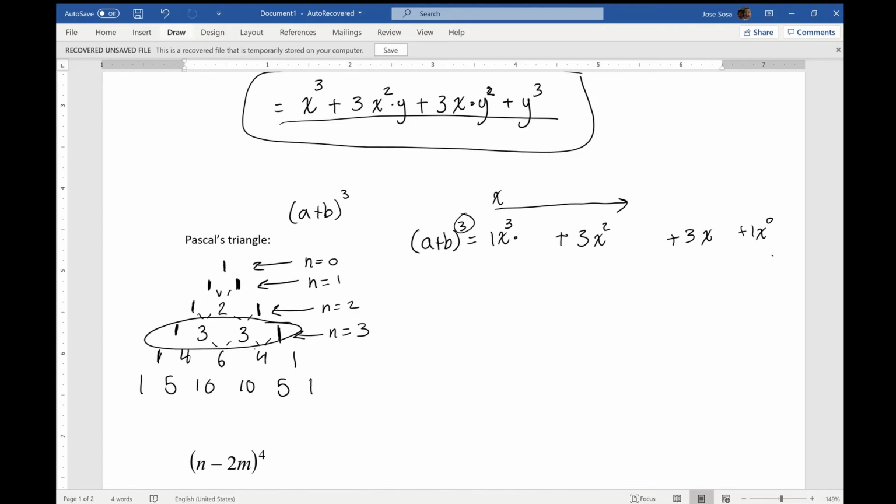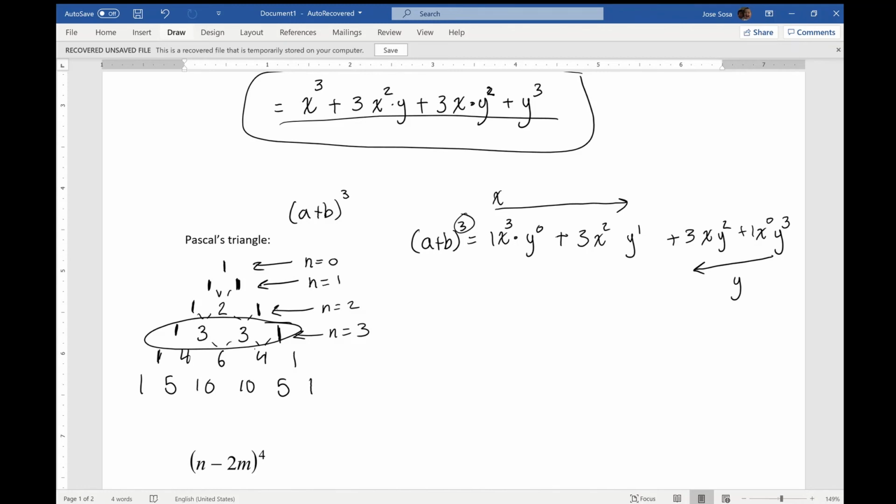Now going backwards for the y variable, I'm going in ascending order. So here y to the third power. Over here y to the second power. And y to the first power, and y to the 0th power.